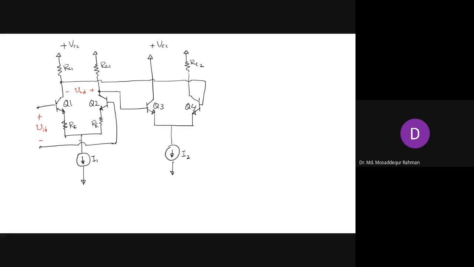So we assign some numerical values here. Let's say this is 0.5, this one 2, this is 400, and RC is 20K.